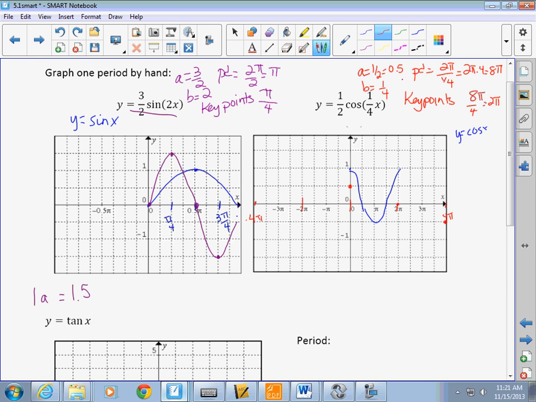And then at my next key point, I have to go to 0, because it starts up, and then it goes to 0 at the next key point. Because of that stretch, after I do my 0, then it goes down. So my next key point going the other way would be at negative 2 pi, and I'm going back down to 0.